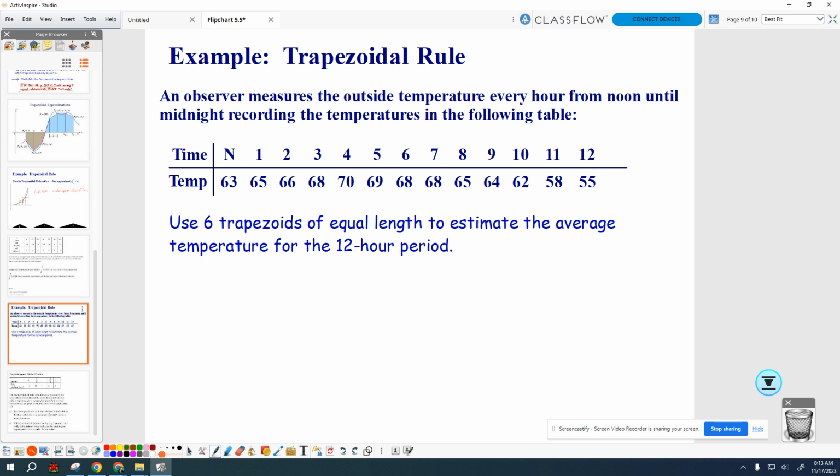Try that one. So those are temperature readings from noon to midnight.